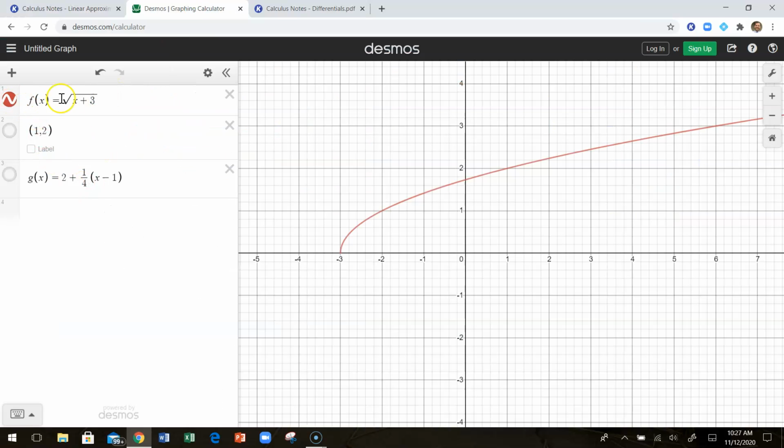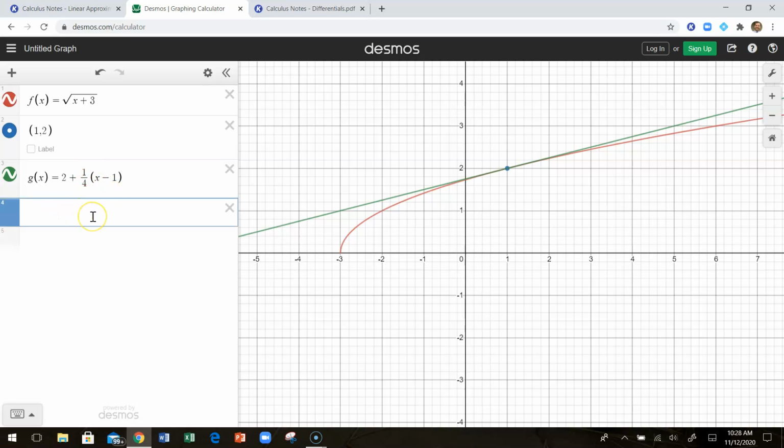So the original function was f of x equals the square root of x plus 3. A was 1, so we had the 0.12. And then our function g of x is 2 plus 1/4 of x minus 1, which gives us this function that's going to be the linearization function for that graph.